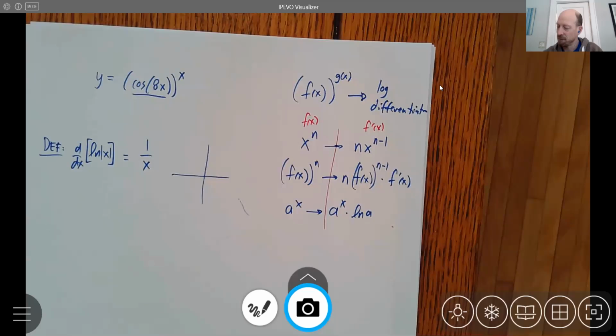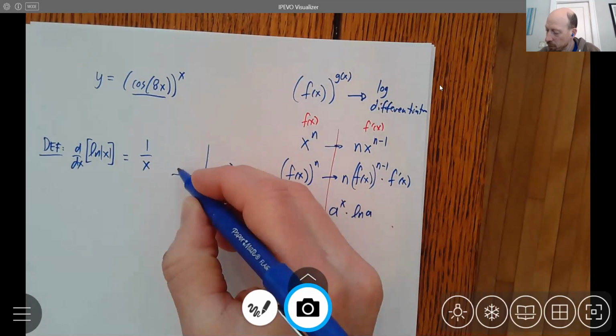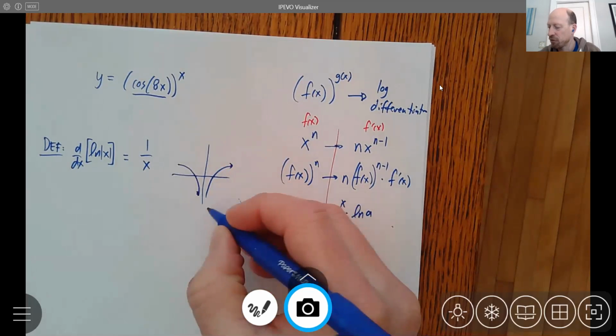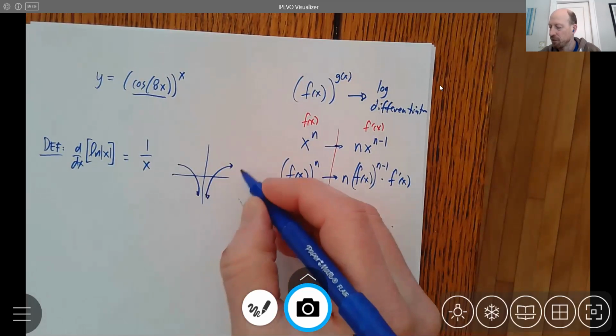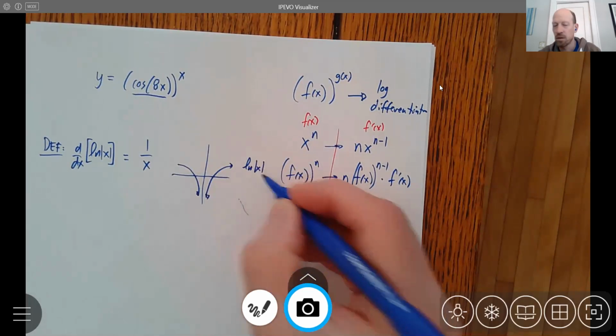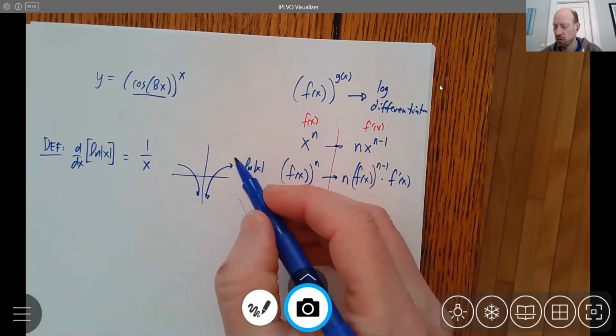Let's just look at the natural log of x. This is the natural log function of the absolute value of x. And that's easier to trust because you just plot points. You just put in different values of x and you get this kind of curve.